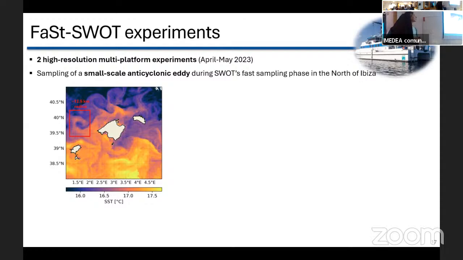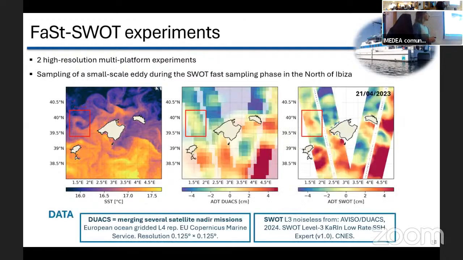So a few days before, we detected this small-scale anticyclonic eddy of 20.5 kilometers of radius in SST images. And then we decided to go there because it was also just inside one of the passes of SWOT, so it was a perfect target.